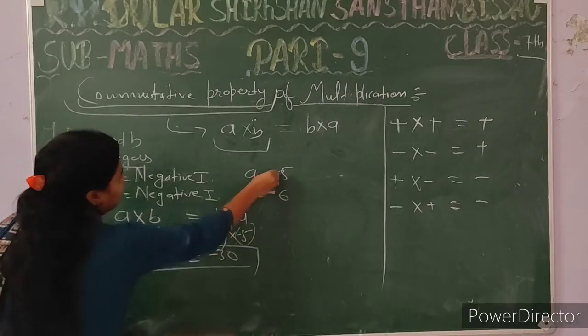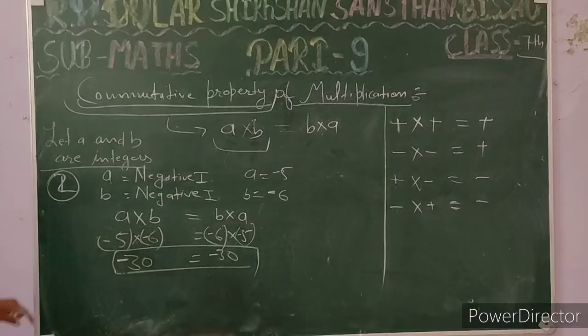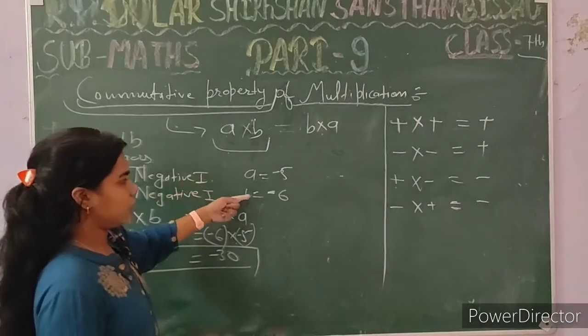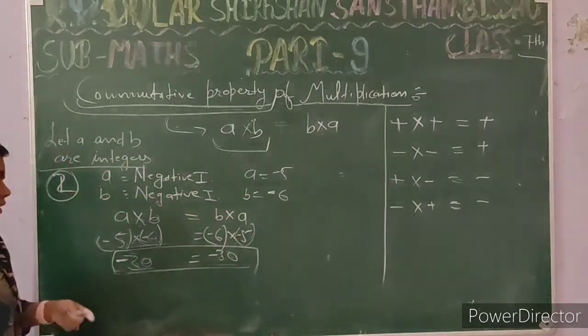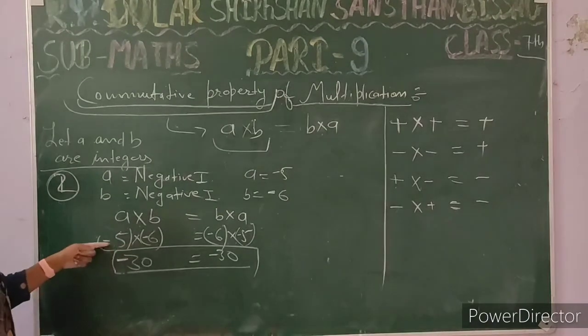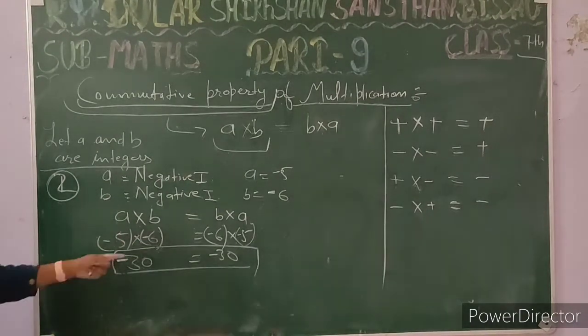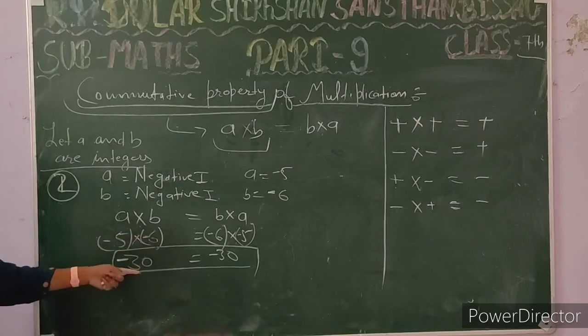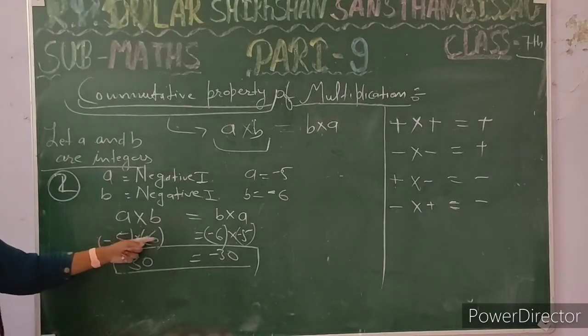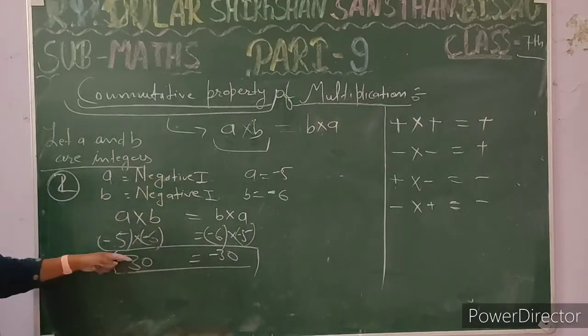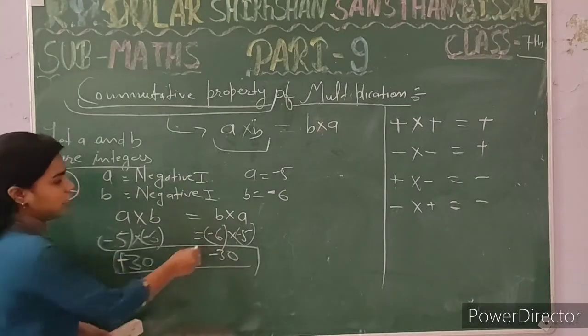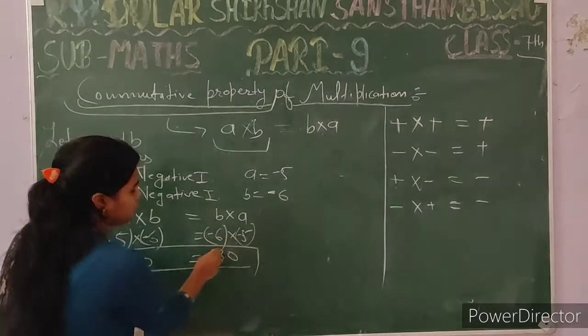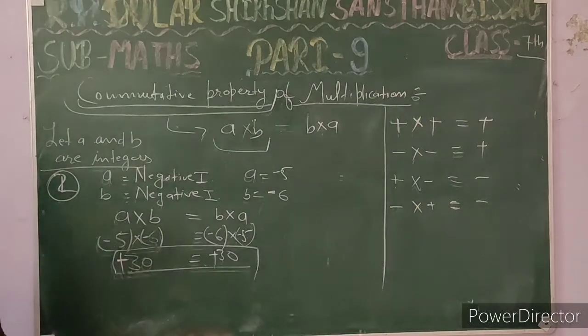Okay students, I change here the first integer and second integer, both are negative. Then the result is, if we multiply 5 into 6 and -5 into -6, then 5 multiplied by 6 is 30, and minus multiplied by minus becomes plus. So we write here plus, then 6 5s are 30, plus 30 and plus 30.